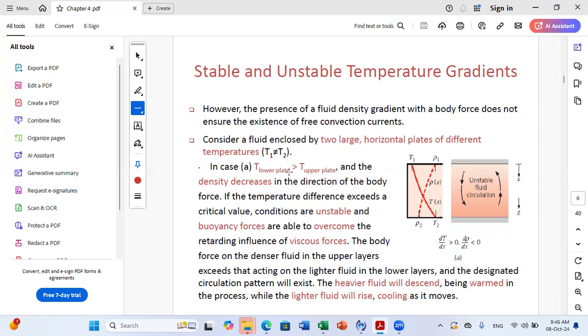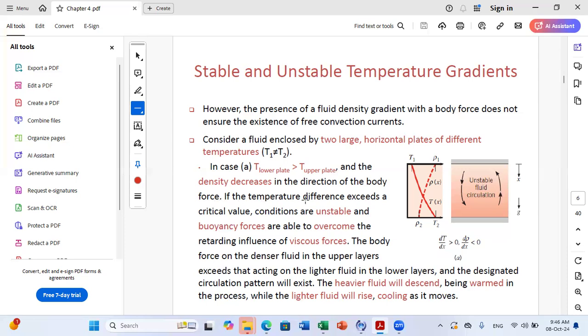T lower plate is larger than T upper plate, and then the density decreases in the direction of the body force. So to ensure circulation of the flow, this is the condition: the density decrease should be in the direction of the body force. If you have the opposite case, you will not have motion.